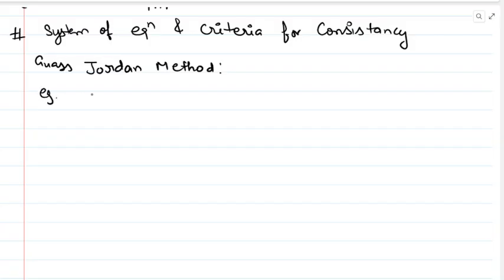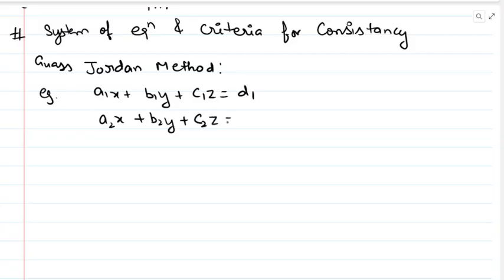Let's take an example. a1x plus b1y plus c1z is equal to d1. a2x plus b2y plus c2z is equal to d2. a3x plus b3y plus c3z is equal to d3.